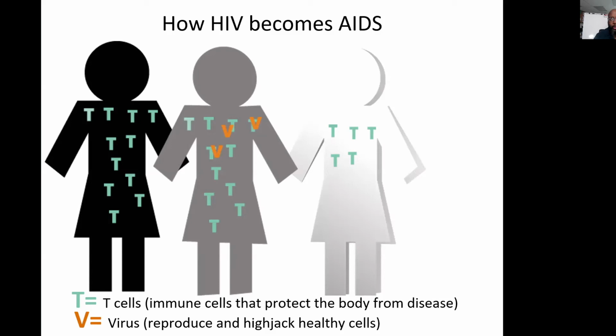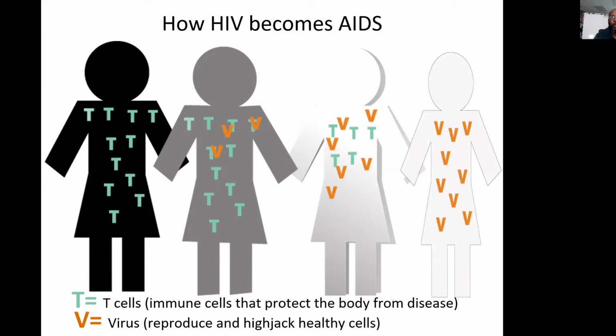It might end up taking a lot longer for a person to get over that, and maybe not even get over that. So now you see the virus has begun to outnumber the T cells. And if that happens, then now you have a person whose body is extremely compromised by the virus. And so we want to be mindful of that as we process what happens to our bodies.